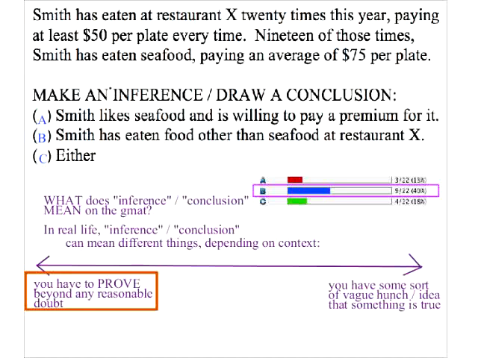So on the GMAT, what draw a conclusion means is this. Conclusion and inference on the test mean that you have to prove stuff beyond any reasonable doubt.